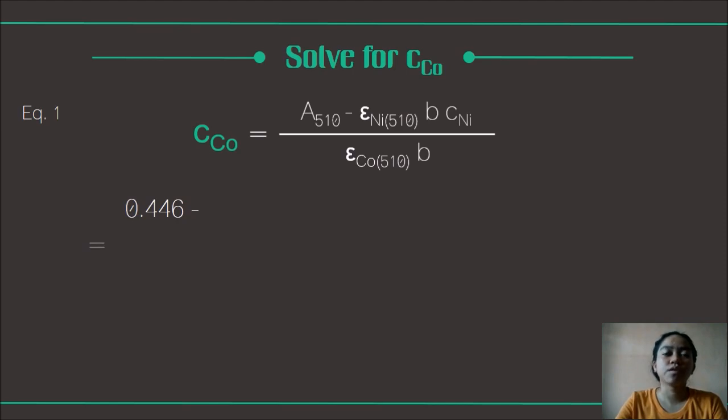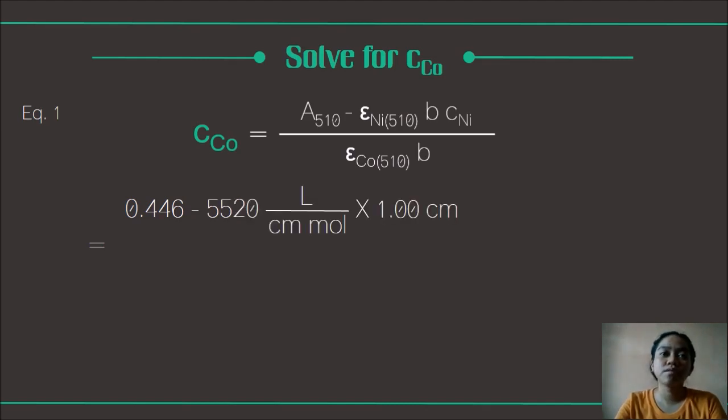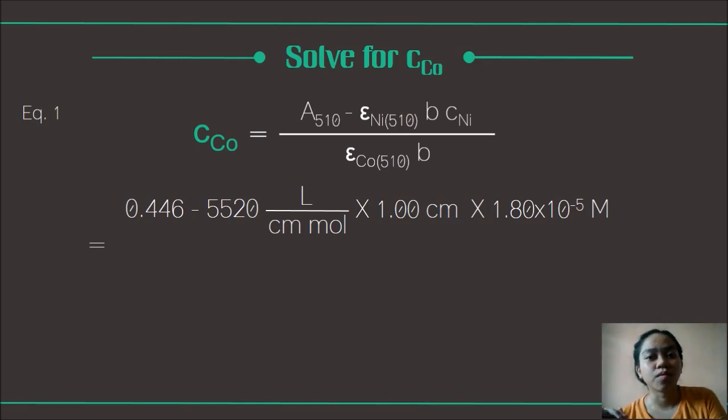So we have 0.446 for the absorbance of the solution at 510 nanometer minus the molar absorptivity of nickel at 510, which is 5,520. Multiply that by the path length, which is 1 centimeter. Then multiply that by the concentration of nickel. Take note that this is not the concentration of nickel in the original sample. Okay, that's why it's 1.8 and not 3.6.